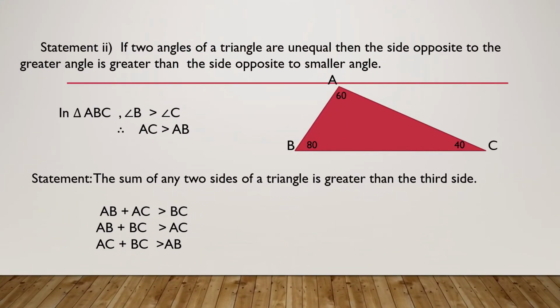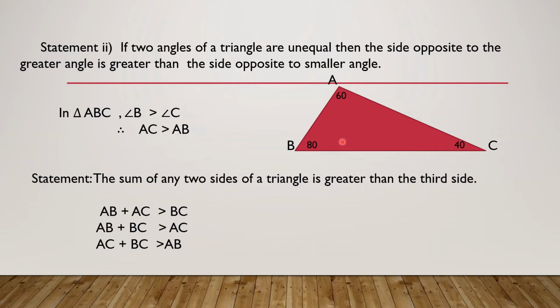Second property, statement: if two angles of a triangle are unequal, then the side opposite to the greater angle is greater than the side opposite to the smaller angle. In this triangle ABC, angle A is 60 degrees, angle B is 80 degrees, and angle C is 40 degrees. Therefore, angle B is the greater angle and angle C is the smaller angle.